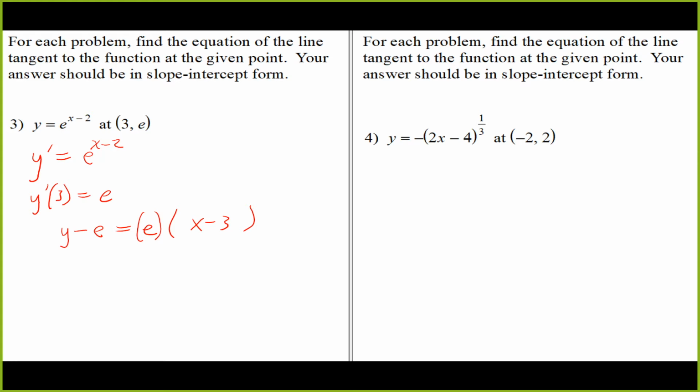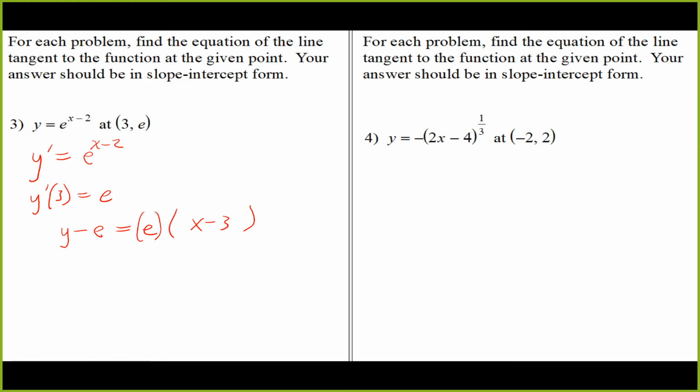And then Eric, how can I transform this into slope-intercept form? Plus e to both sides. I'm going to add e to both sides. I need to do one more thing as well. Distribute.